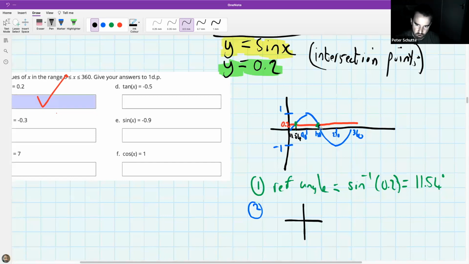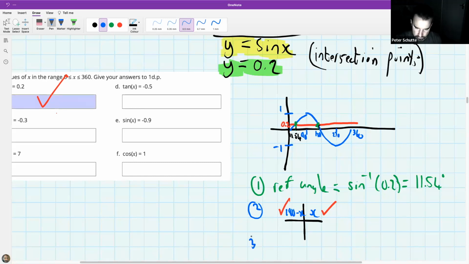You can see on the graph, it's positive between 0 and 180. Another way of saying that is that the answer to this equation will be in quadrant 1 and quadrant 2. Now, this is where you might have to go back and look at some of my older lessons on trig equations, but we say that the solutions in quadrant 1 will always be the reference angle, let's say x, and the solutions in quadrant 2 will be 180 minus the reference angle.